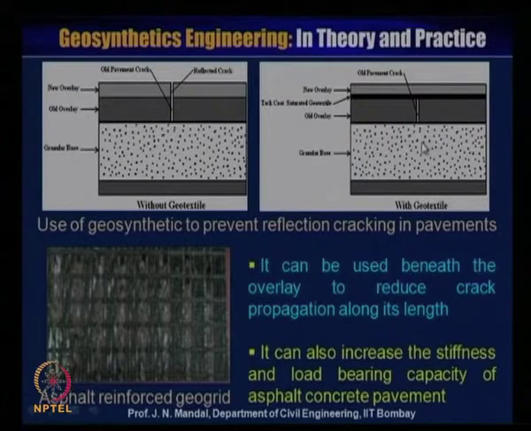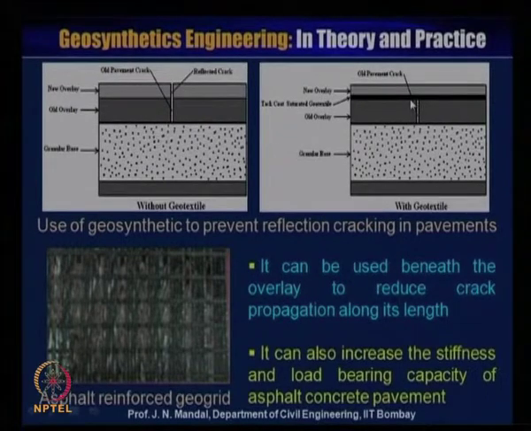On the right hand side you can see where the geosynthetic material has been introduced, and this is the old pavement and the tack coat saturated geotextile here. So, when the crack forms, it will propagate to the top and then be diverted in this direction. So, the crack will be arrested, it will not appear on the top of the surface. So, this is the new overlay and this is the old overlay.